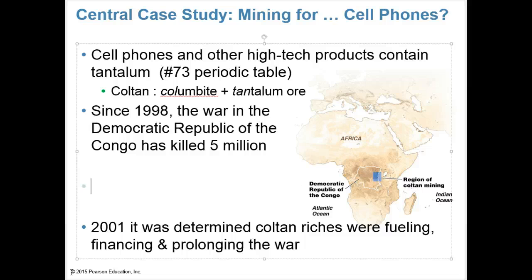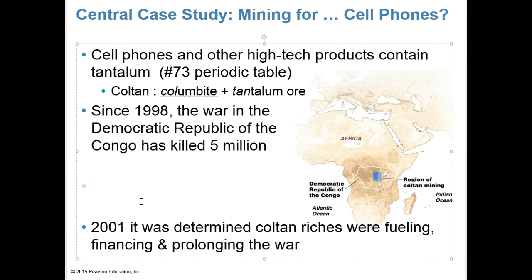So the ore is referred to as columbite-tantalite, or coltan for short. In eastern Congo, men dig craters in rainforest streambeds, panning for coltan, just like humans did in early California when they panned for gold.